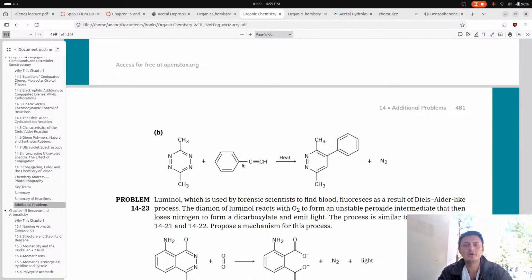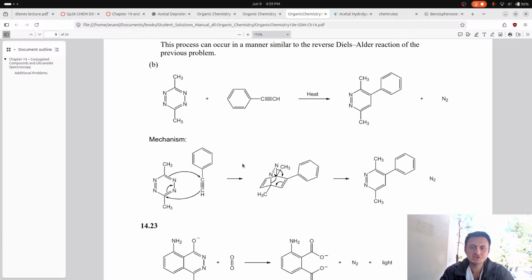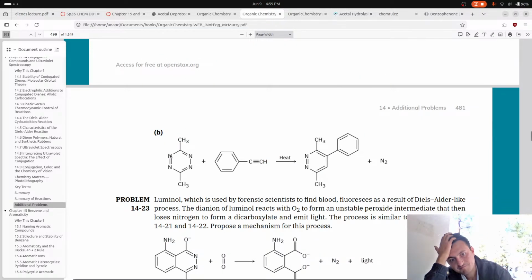This is the same one, right? I should draw this one. But yeah. So, oh, interesting. Actually, it's different than I thought. Okay. Step 1. Find the diene. Here's the diene.